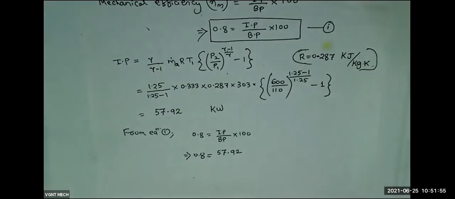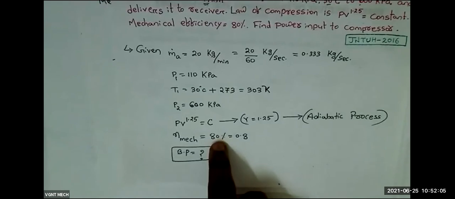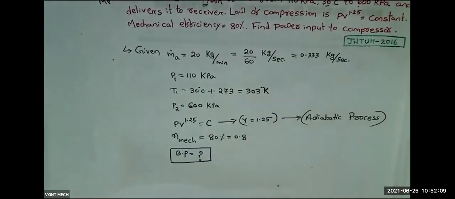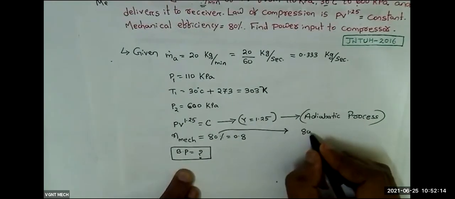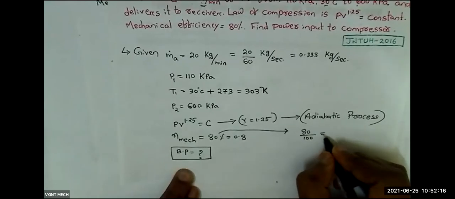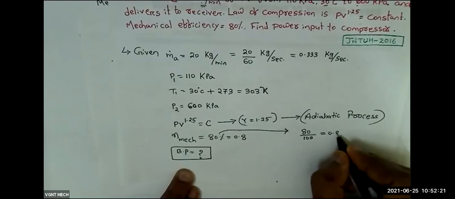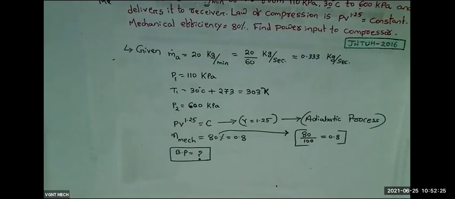If we take into 100, efficiency should be 80. How is efficiency 80? It is 80%. 80% means 80 by 100, which is 0.8. You are studying aptitude in CRT classes: 80% means 80 by 100, so it will be 0.8, not 80. Are you clear or not?